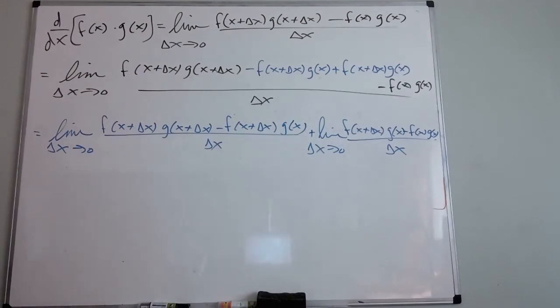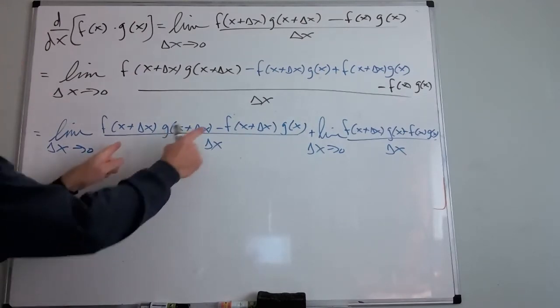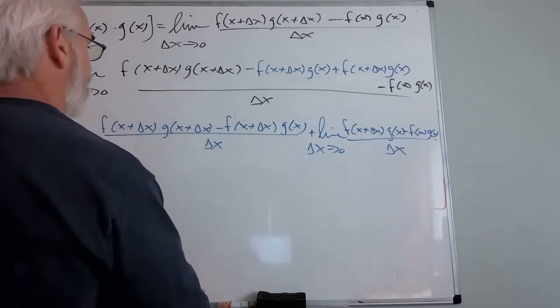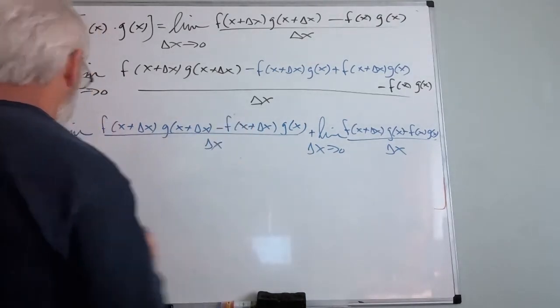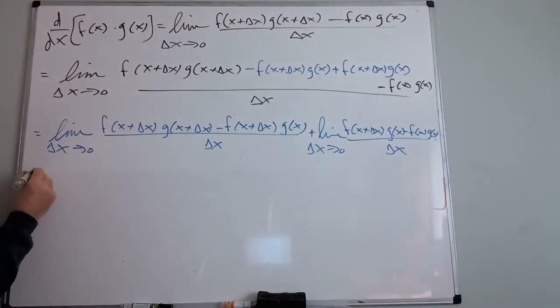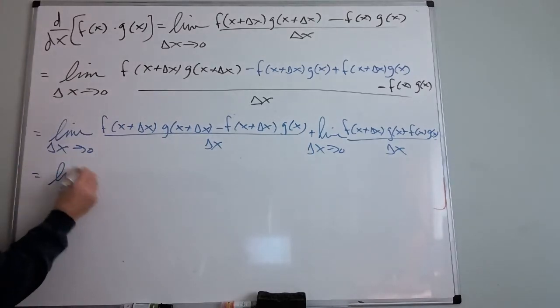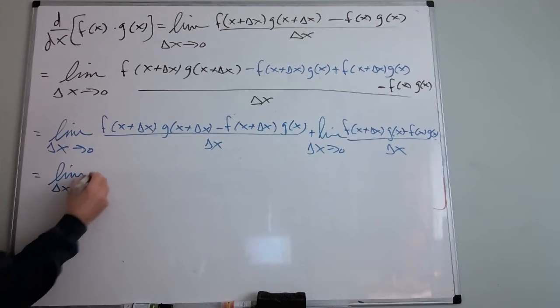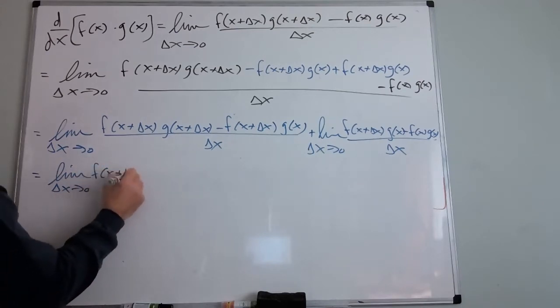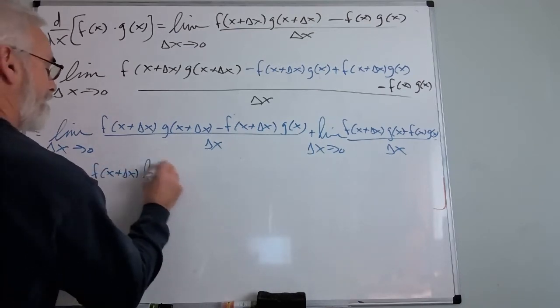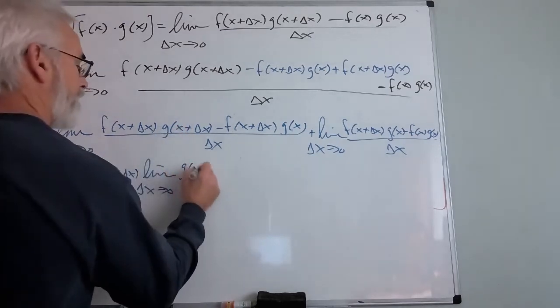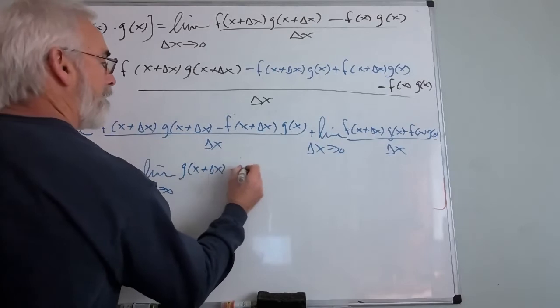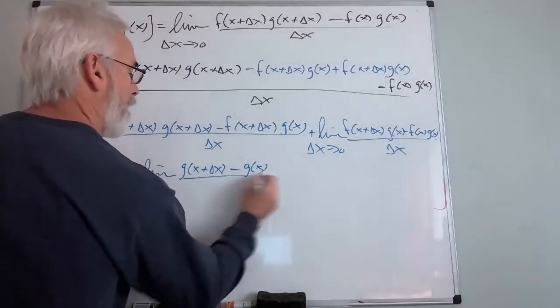Now I have only one step left, and that is to factor. Do you see anything that's a common factor? Well, here, clearly I have the f term. The limit of a product is the product of the limits. So I have f of x plus delta x times the limit as delta x goes to 0 of, well, what's left? g of x plus delta x minus g of x all over delta x.